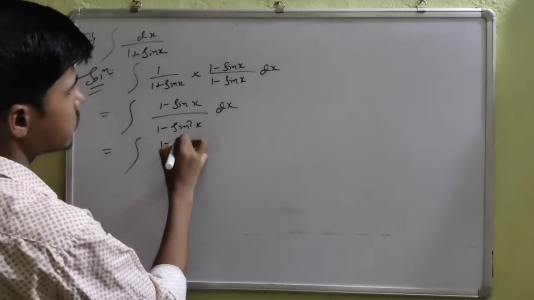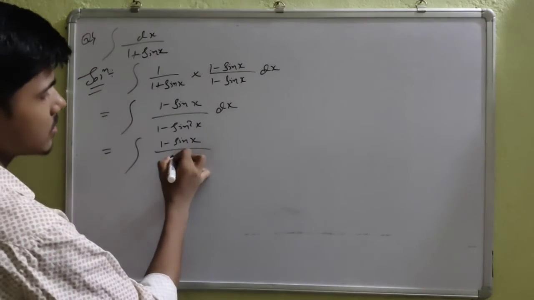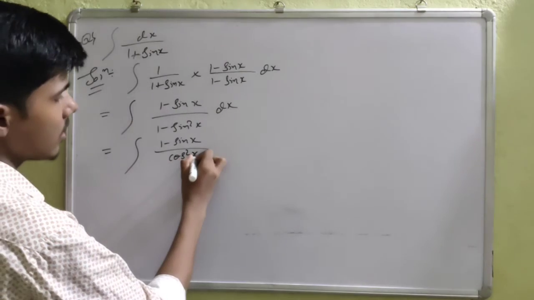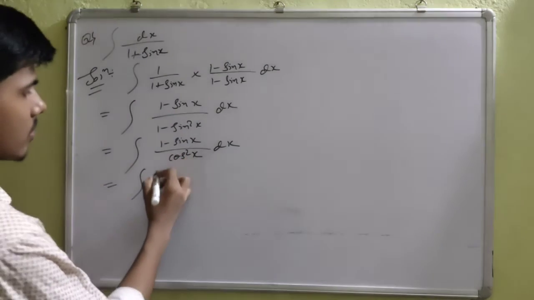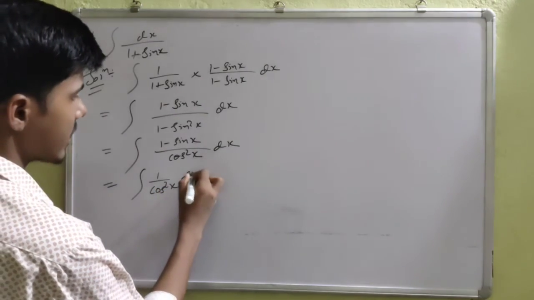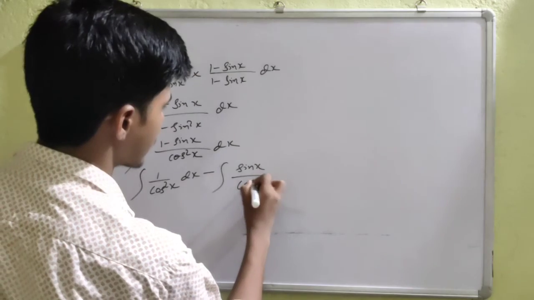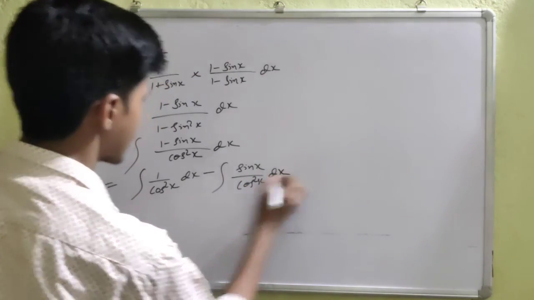We can write 1 minus sin square x as cos square x. Then after that 1 upon cos square x dx minus integration of sin x upon cos square x dx.